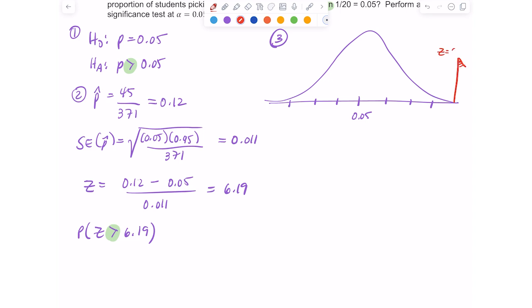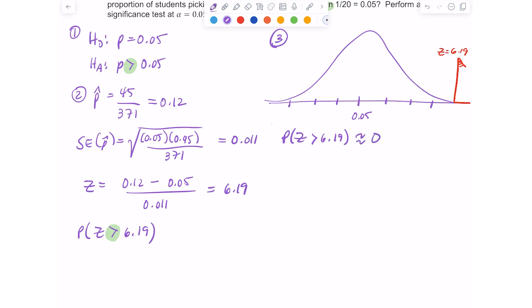And I'm looking for where it's greater. So you can imagine the probability there, right? The further we go out on the curve, the smaller the probability. So you can do the math without even typing into the calculator here. The probability that z is going to be greater than 6.19 is basically 0.